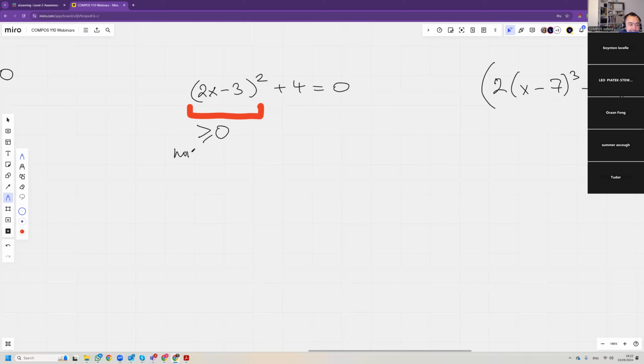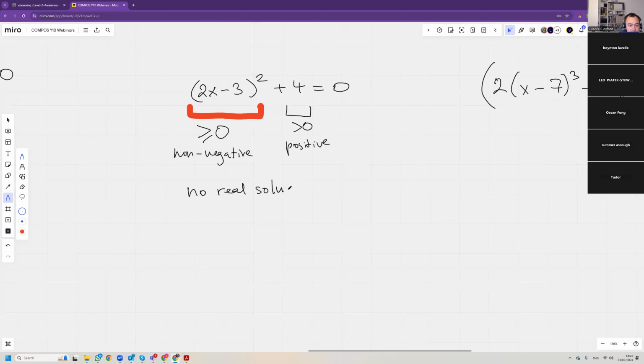And 4 is positive. A non-negative number plus a positive number cannot be 0. It's impossible. Therefore, just by inspection, I can say that there are no real solutions.